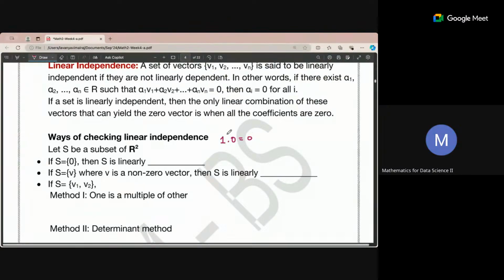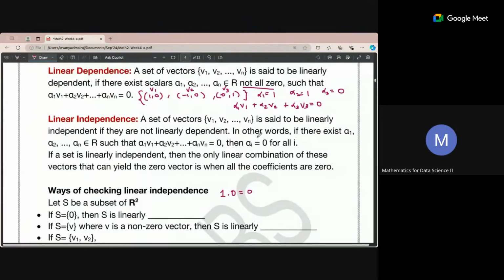So I have a non-zero coefficient and the scalar multiple of that is 0. So according to this definition, is it linearly dependent or independent? Dependent, ma'am. Dependent, right?